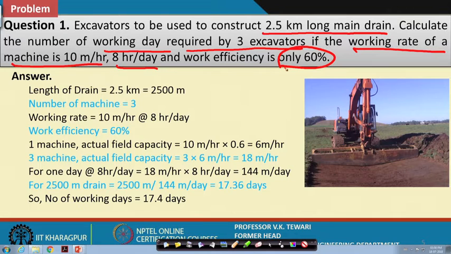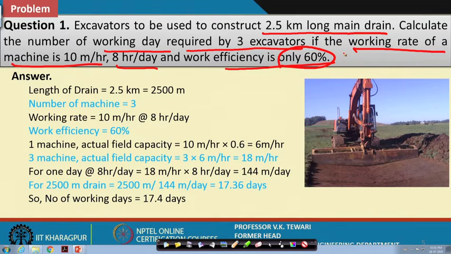So, a lot of nitty-gritty has to be looked into. If you compare the actual time and the theoretical time, maybe you will get hardly 60%, but even 60% we can maintain, which is a fair amount. We can do the job economically.